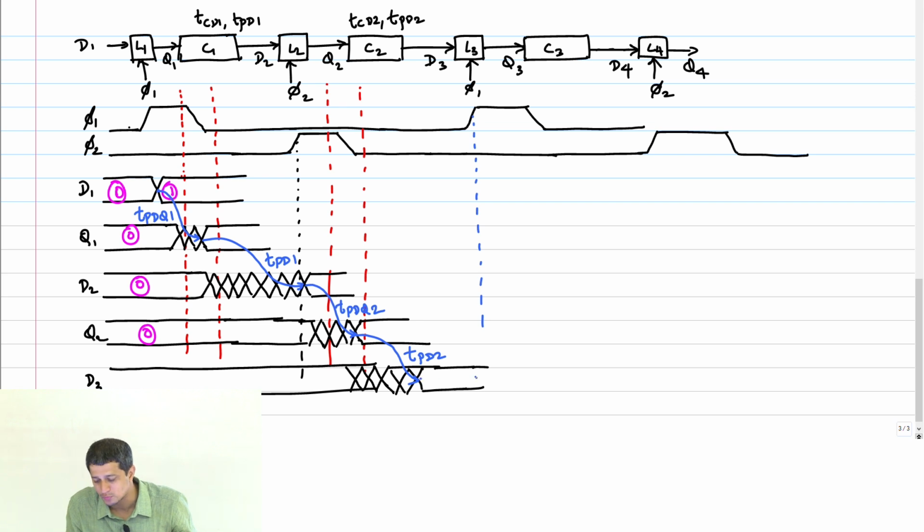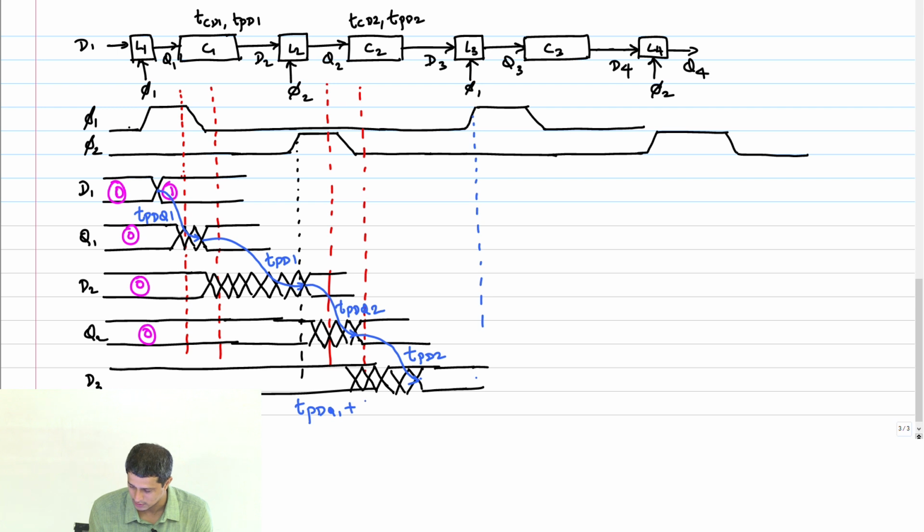How far can this edge move if I don't want to borrow time from the next cycle? It should finish exactly at Tc, right? So therefore, I'm just now going to write the sum of all of this.